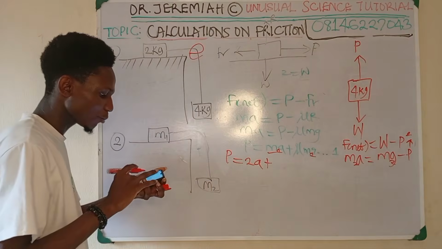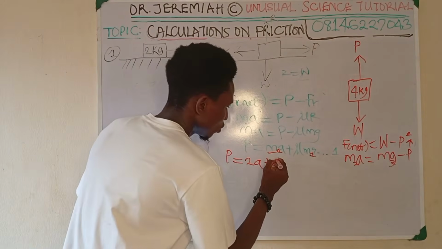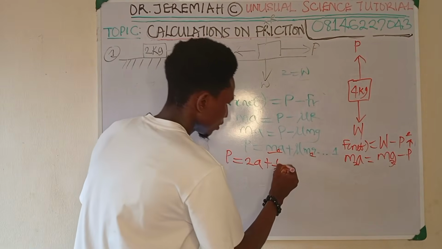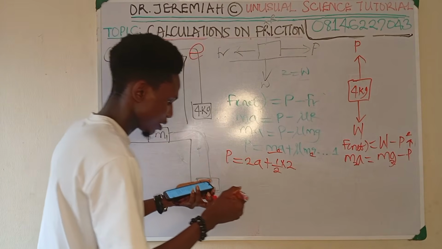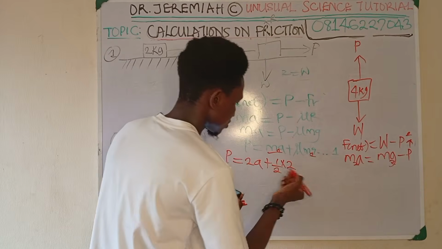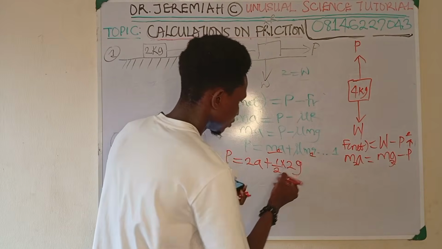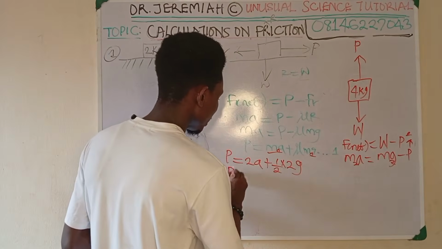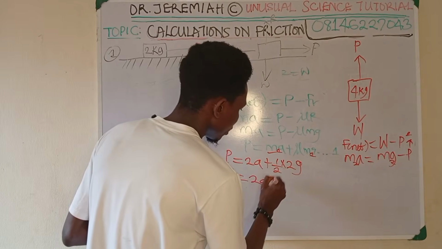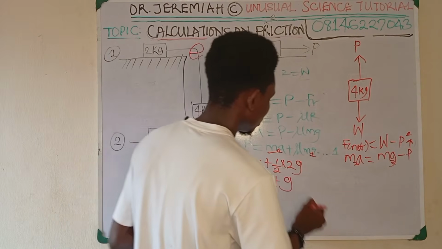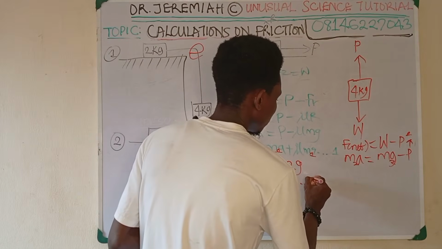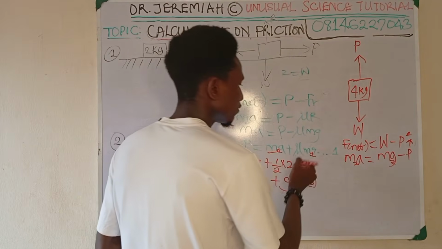Then we know the coefficient of friction is 1/2, so we write 1/2 times 2, then we know g as 9.8, or we can just leave the g. From there you get P equal to 2a plus half times 2 times g, so you're left with plus g. We can call this equation 3 now, because I've modified it.